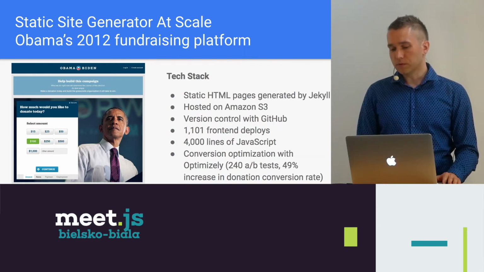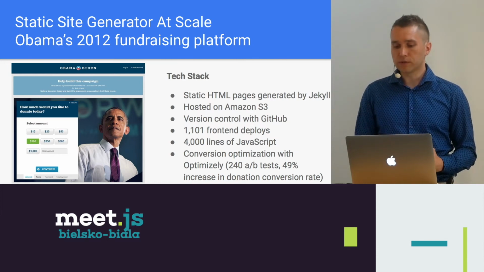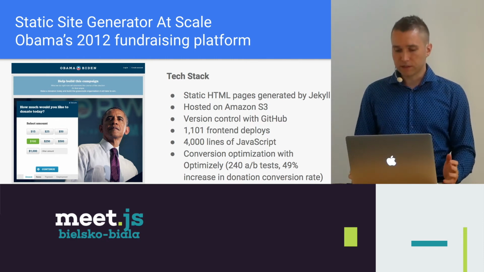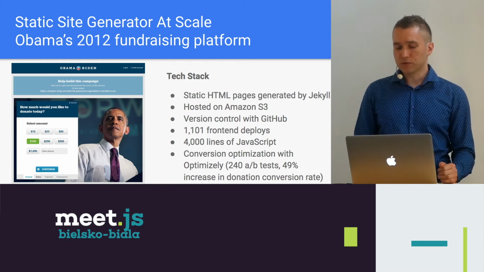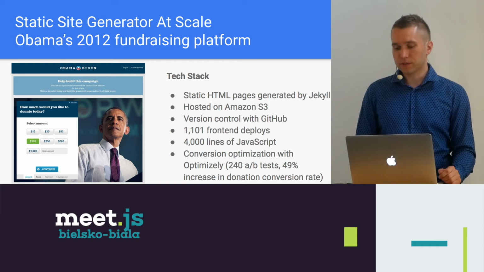From the technical point of view, making this site scale required going with certain technologies. First of all, static HTML websites. It was generated with Jekyll, so there was no backend. It was just HTML pushed to a server on Amazon S3.